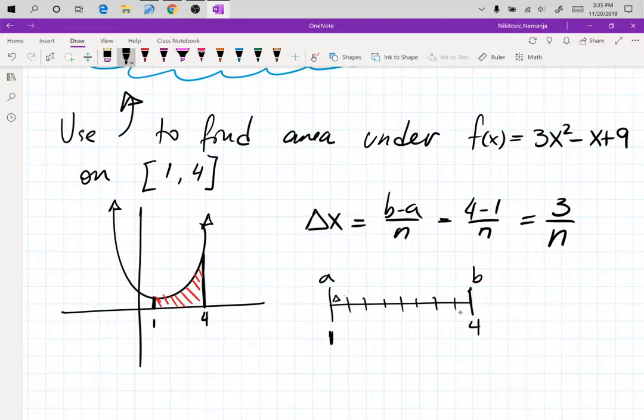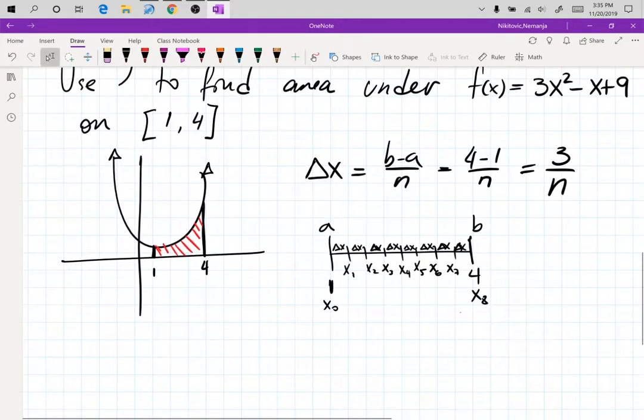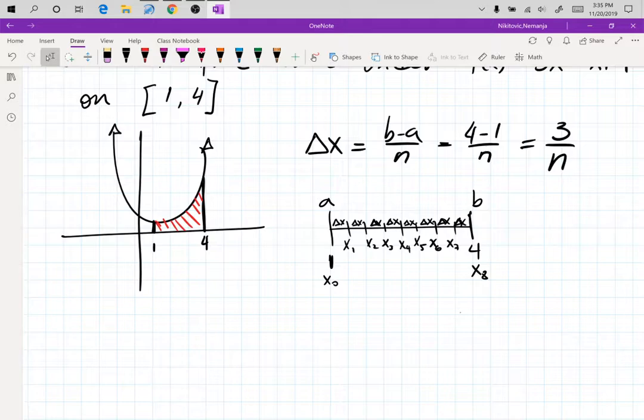Each one of these lengths over here is delta x, which we know is 3 over n in this case. So each one of these is delta x. And we know that this is x0, this is x1, x2, x3, x4, x5, x6, x7, x8.